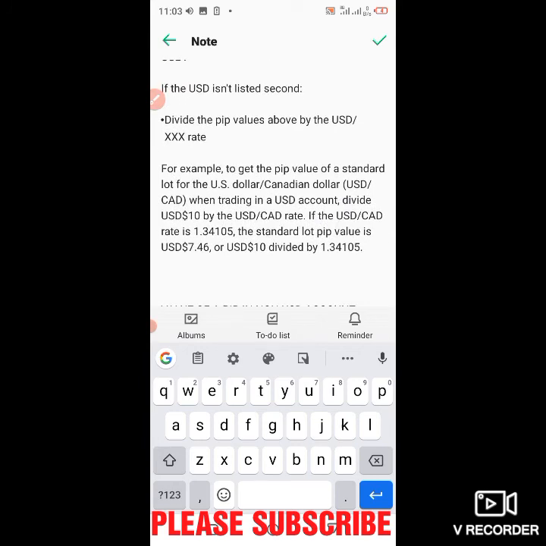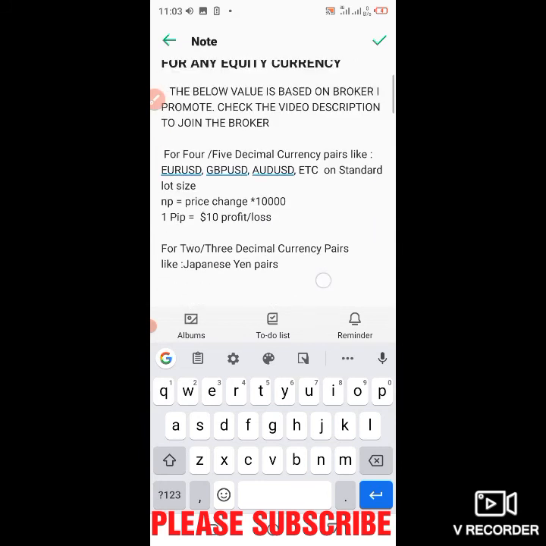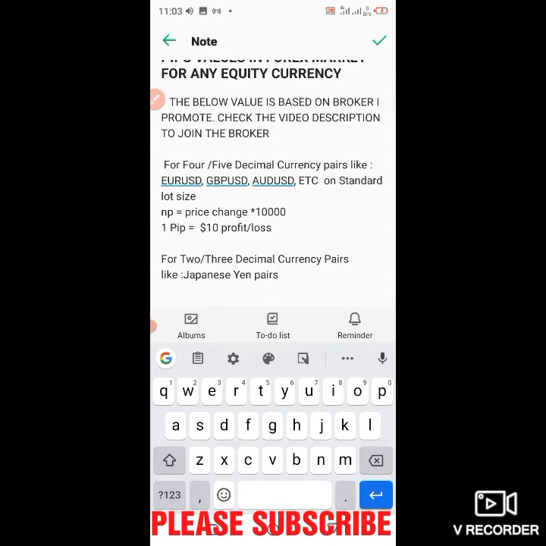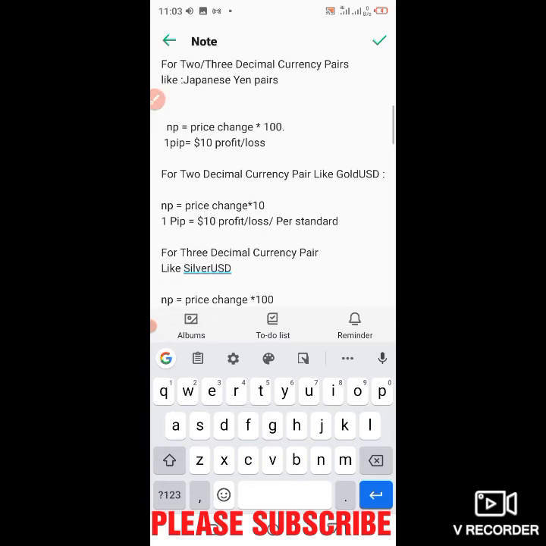Remember the first part of these instructions, for the fixed pip values here, they are based on a standard one lot size. That's why I put it here. Standard lot size.